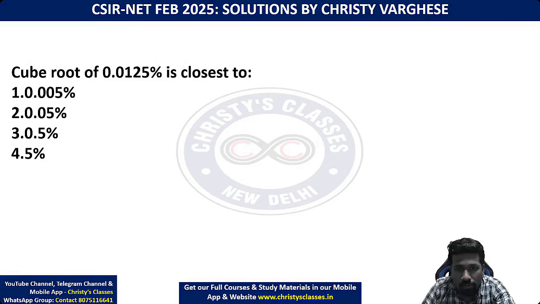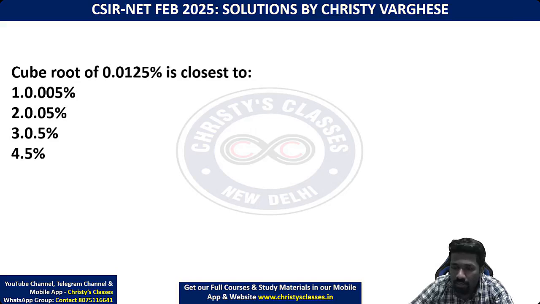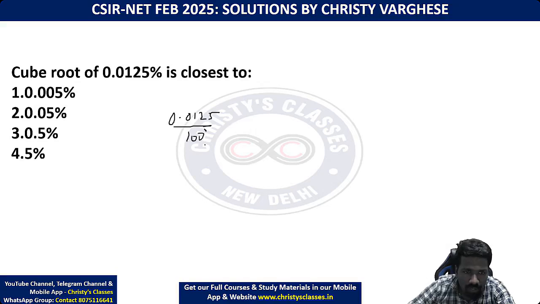Any doubts? I wrote 100 into 10,000 because the numerator I multiplied by 10,000. Sorry, Shashikala, I'll just write it down once more. Those of you with doubts, listen carefully. 0.0125 by 100. This 100 is already there. So this has 4 significant values after the decimal point.